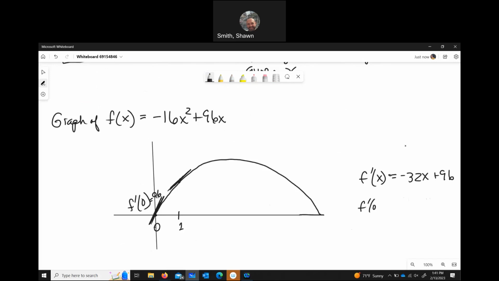So f prime at 0 is 96, f prime at 1, negative 32 plus 96, that is 64. When I get to 2, it's less steep, but still positive. Calculated, f prime at 2 is negative 32 times 2 plus 96, which is 32.